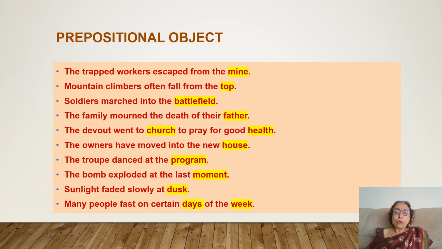The family mourned the death of their father. The family mourned the death, complete sentence. Nothing more is needed. Now already one object is there, death, but you are adding another object, another piece of information, with the help of a preposition. I'm not even talking about death, because all of you already know what death and family are in this sentence.